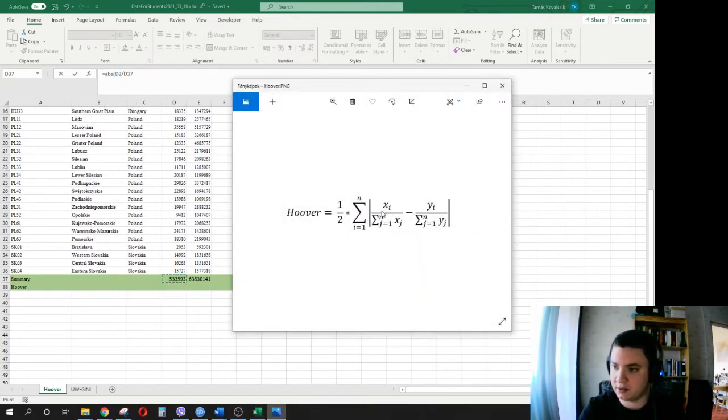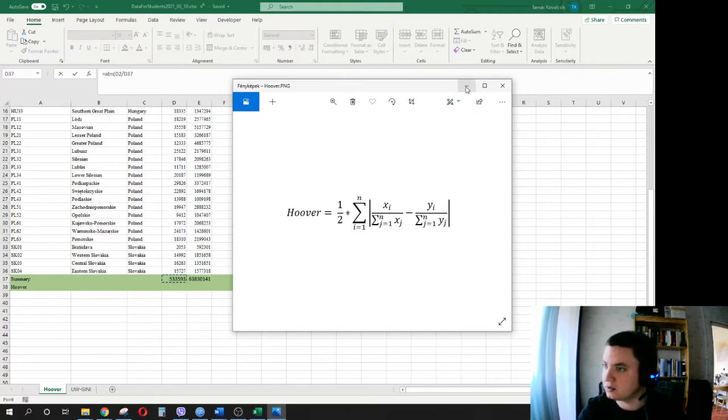Here is the area of the given spatial unit, divided by the summary of all of them.